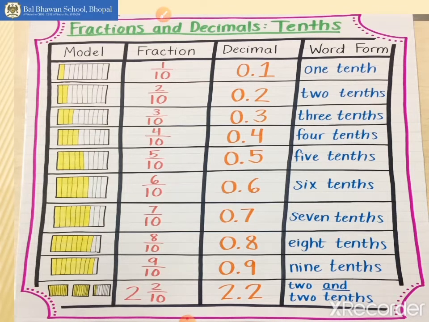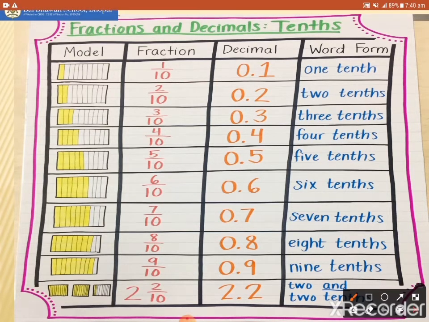Here the picture is representing one part shaded out of 10 equal parts, which can be represented by 1/10 in fraction, and in decimal it can be represented by putting 1 on the 10th place, which is 0.1. We read it as 1/10.